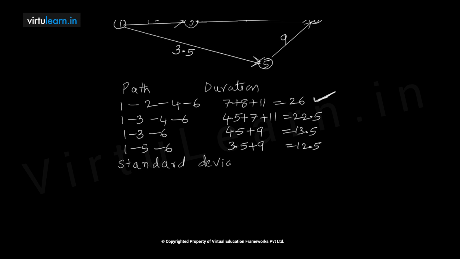Standard deviation of the project is given by the standard deviation of the critical path.